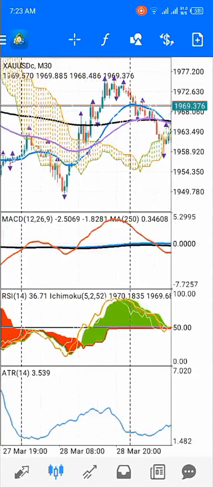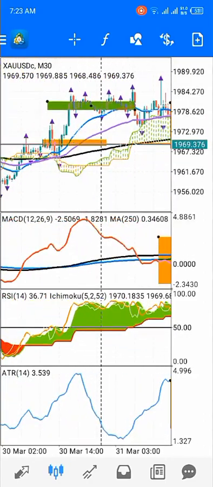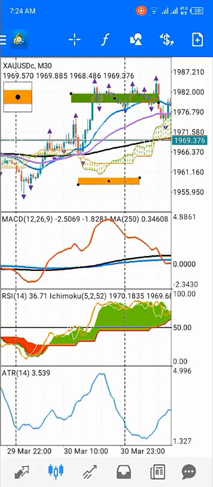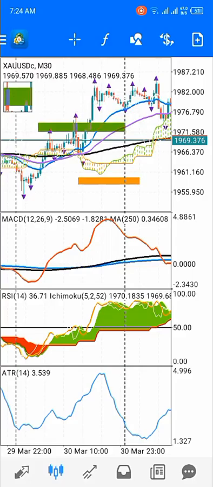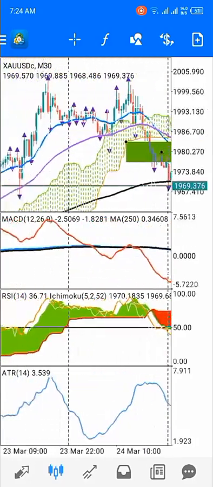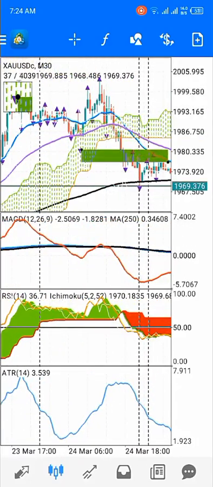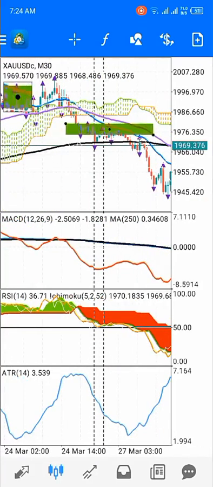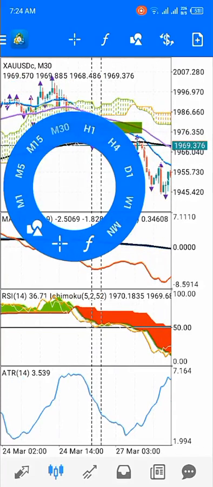That's a good place to place a sell trade. If you place a sell trade around here, you can scalp sell.